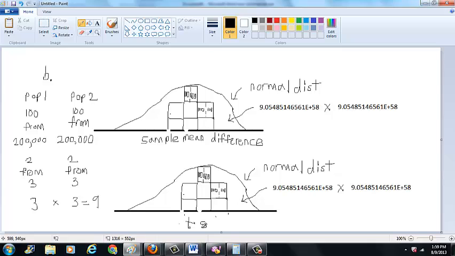And we ended up with the normal distribution in part B. So that means that right here we're going to end up with a t-distribution in part C for this curve.